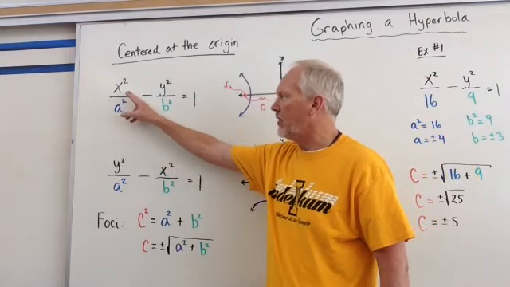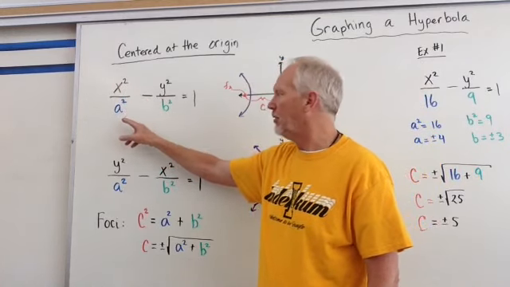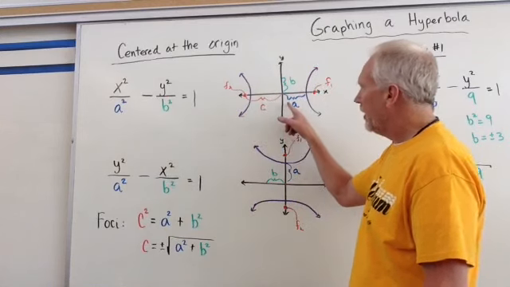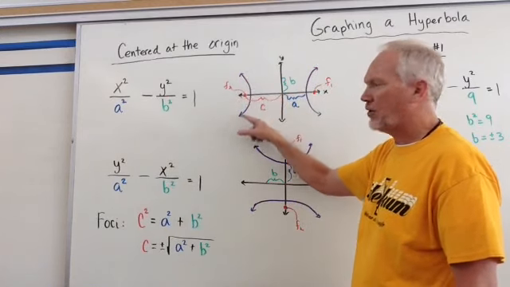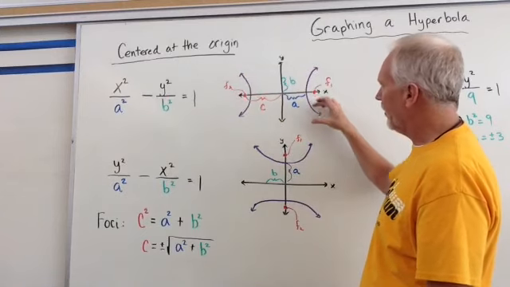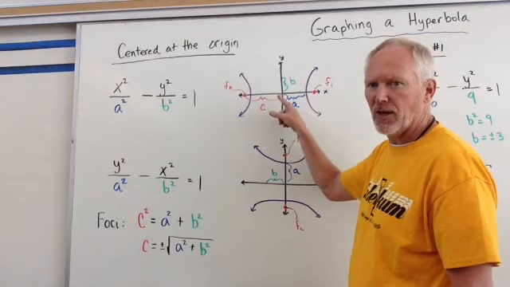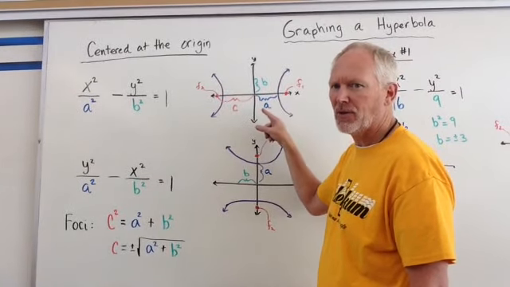So in this case, an x squared is out front, so our a value will be here. So again, the branches go out in the x direction. On this side, they are equidistant from the center. They are a value from the center.